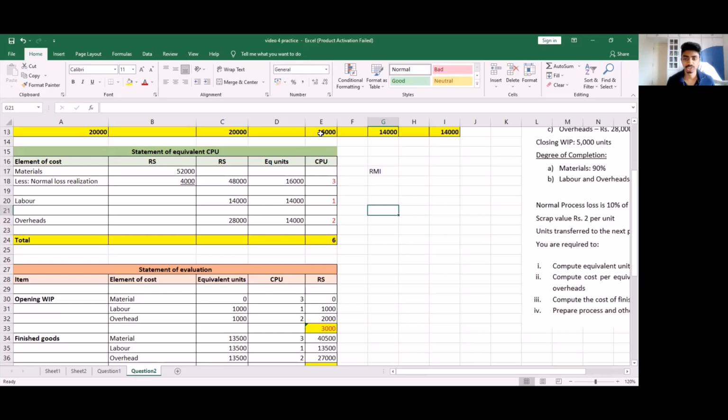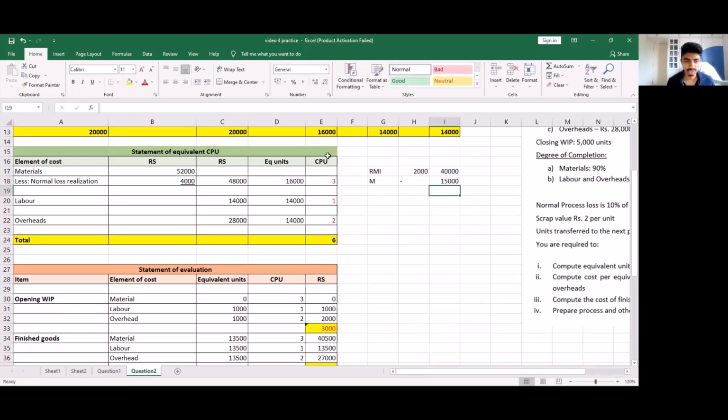Let's take up imaginary figures. So let's say our raw materials introduced is 2000 units at an amount of 40,000. And we have also been given materials. We have not been given number of units, but we are given that this amounts to 15,000.